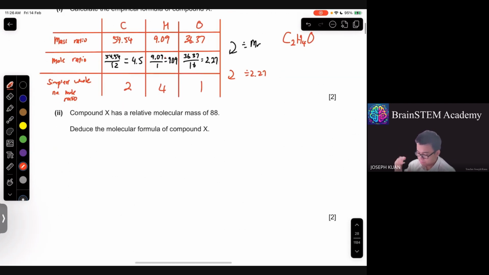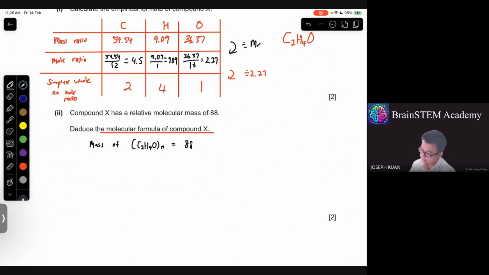Next question. Compound X has a relative molecular mass of 88. Deduce the molecular formula of compound X. In that case, we have to figure out the n value, since the mass of the empirical formula multiplied by n is equal to 88, right? We need to find the mass of C2H4O first, which is 12 times 2 plus 4 plus 16, then times n equals 88.